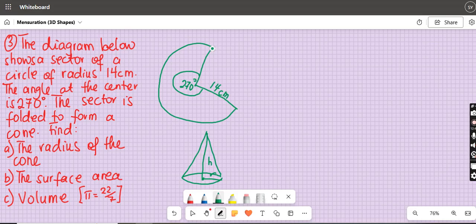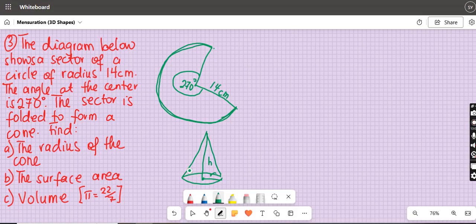First of all, we can see that the length of arc of the sector is going to be the same as the circumference of the circle.